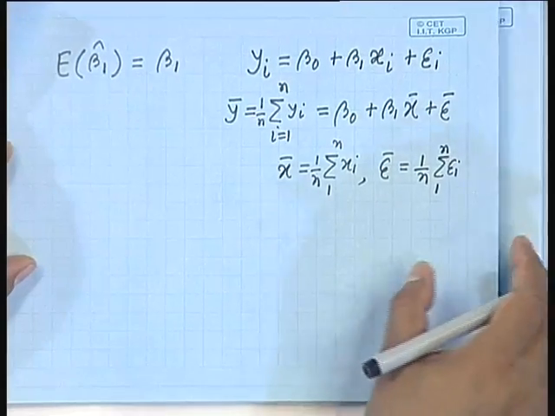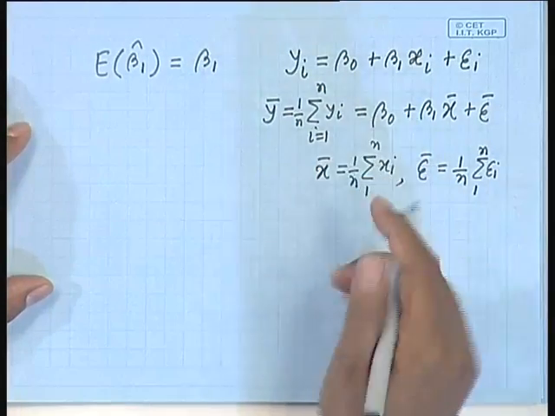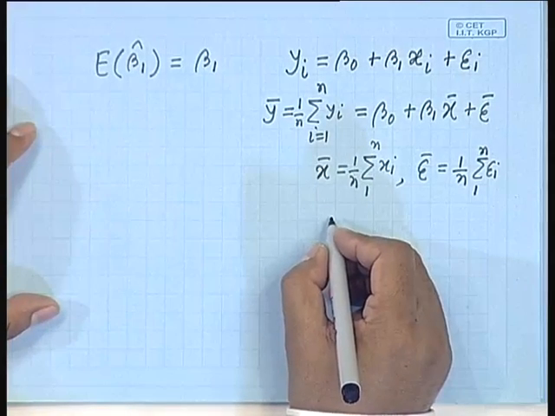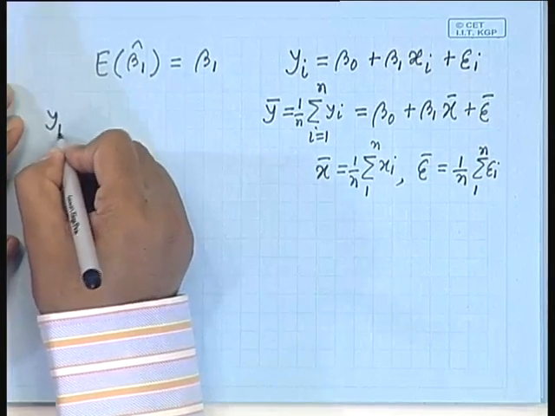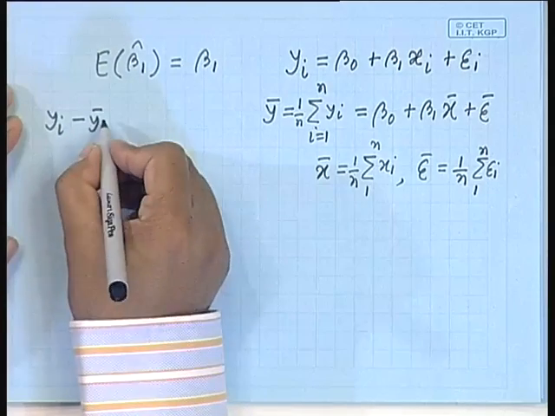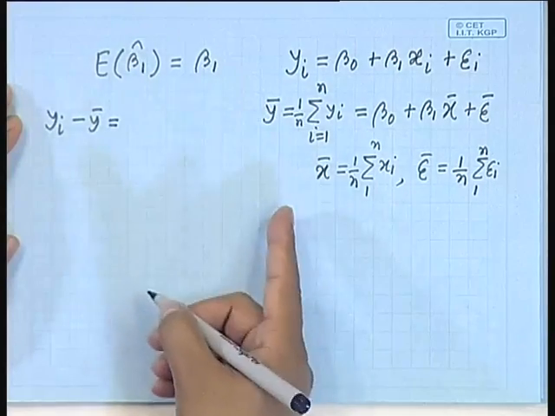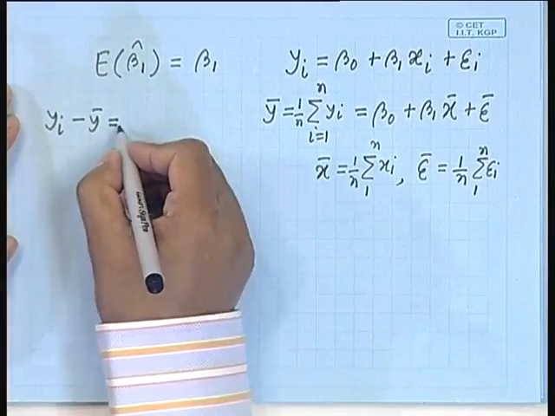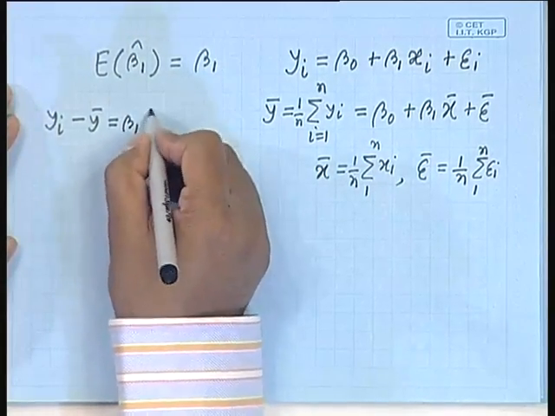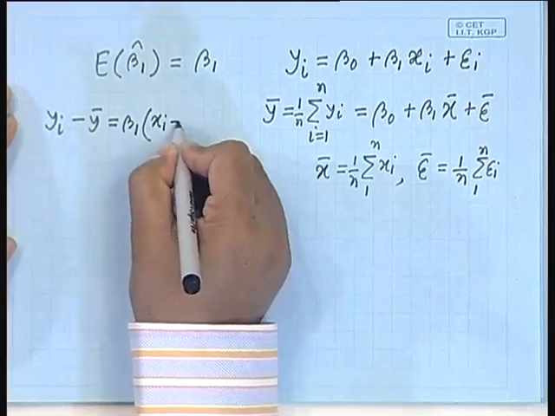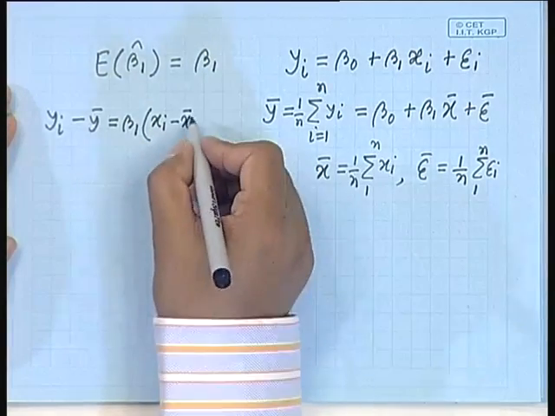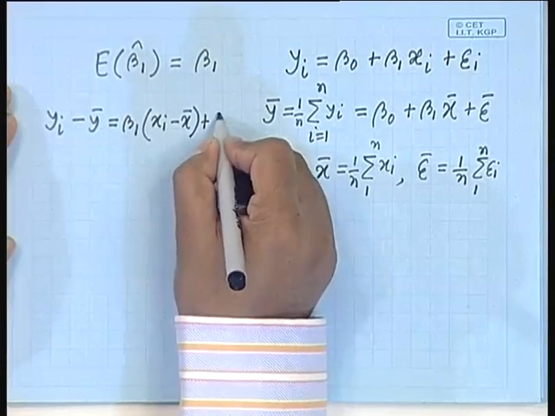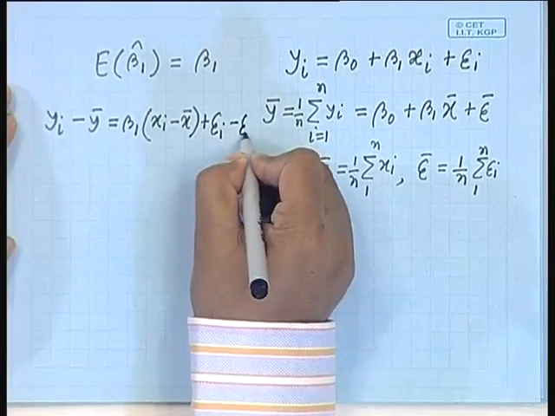Then from here, yi minus y bar is equal to beta 1 into xi minus x bar plus epsilon I minus epsilon bar.